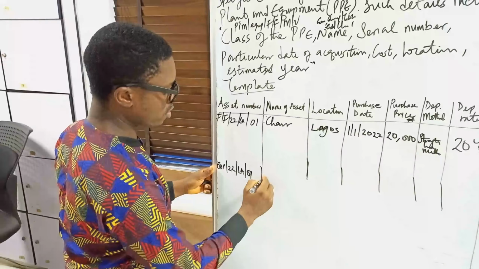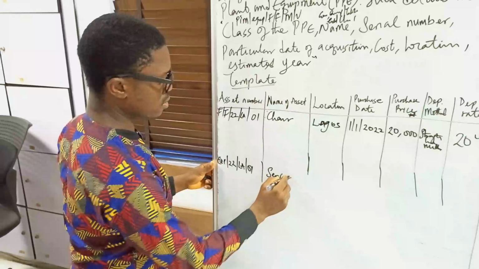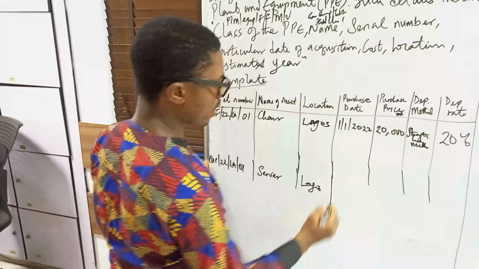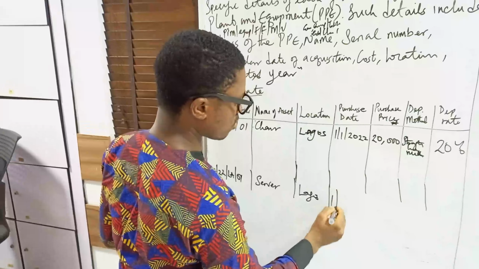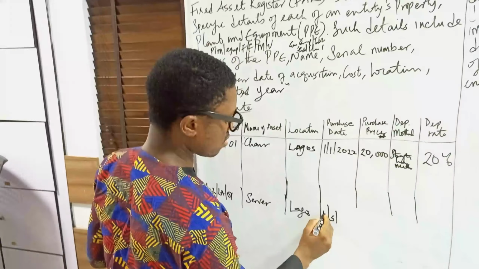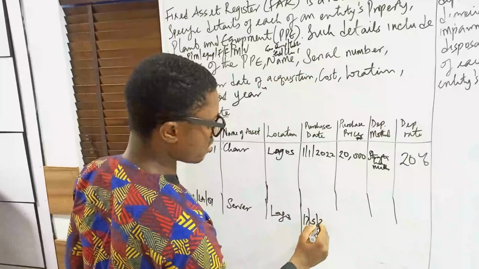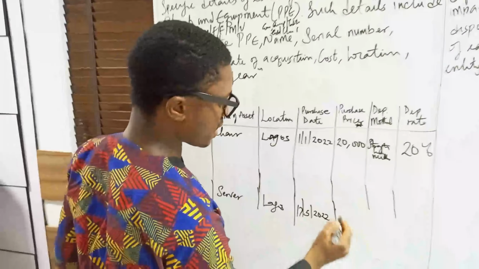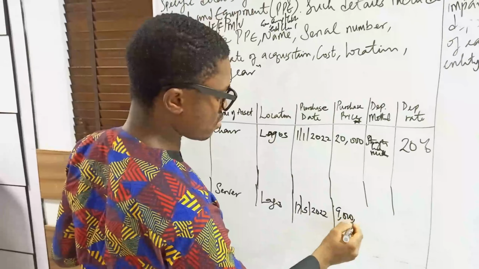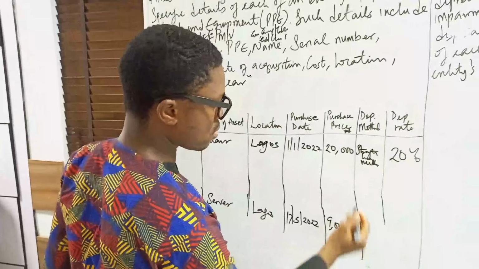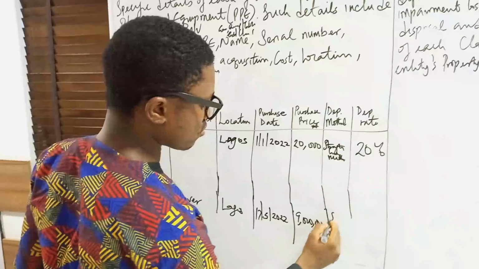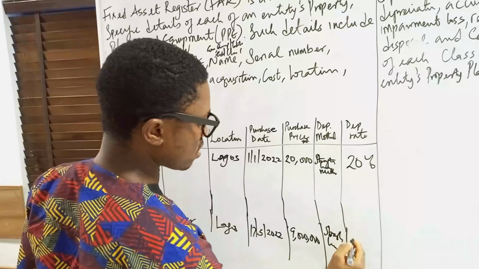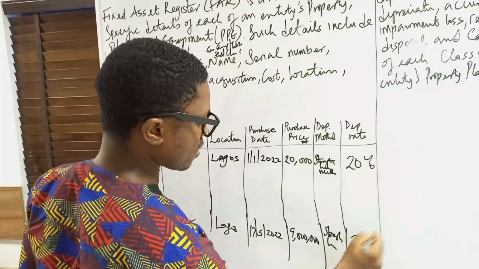The first item could be a server, still Lagos, and let's assume it was purchased on the 17th of May 2022. The purchase price was 9 million. Depreciation method, straight line. Depreciation rate, 25%.